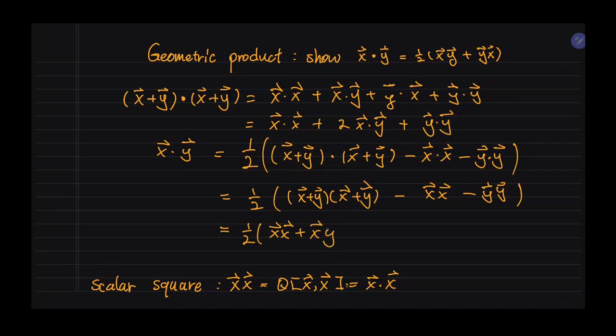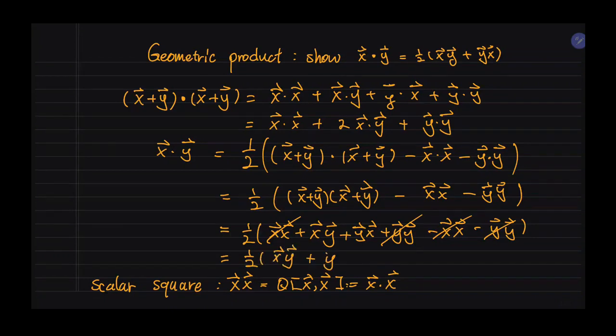So we can have xy and yx and plus yy, the whole thing, and then minus xx and minus yy, and you see that these will cancel out because this is a geometric product from x to x and minus geometric product from x to x. And the same thing here. Then we end up with 1.5 xy plus yx.